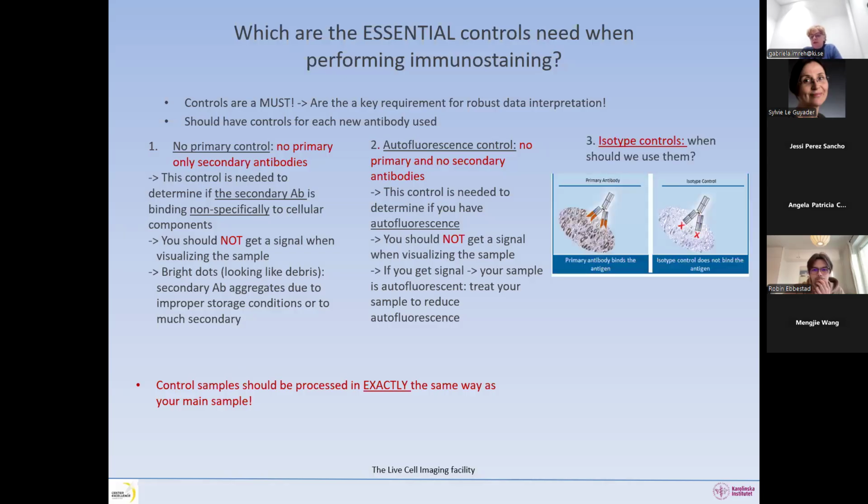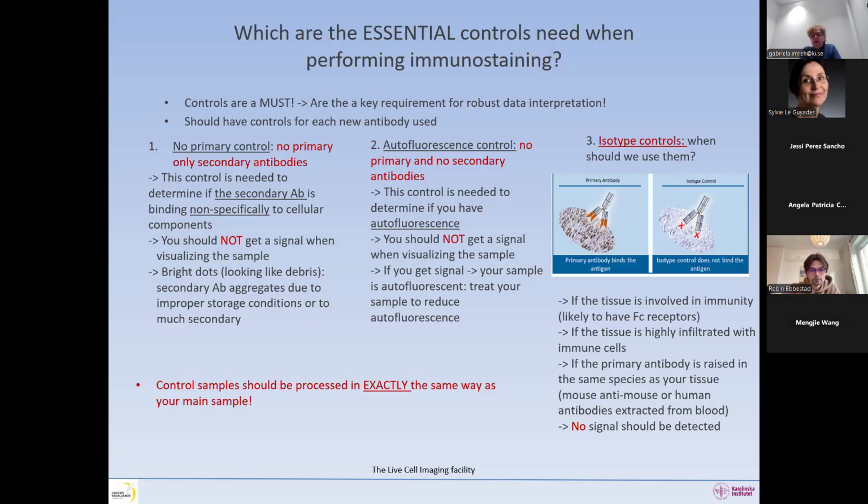Of the isotype control, when should you use them, and what is an isotype control? This antibody is exactly like your primary antibody, the same class and subclass, but it's not able to bind to your antigen. And when should you perform an isotype control?